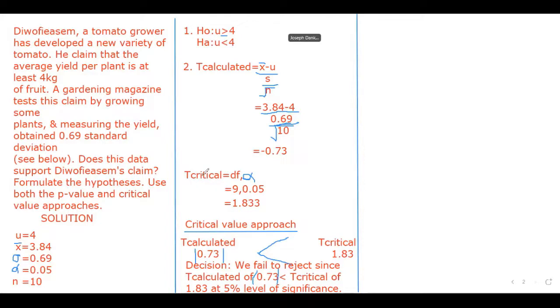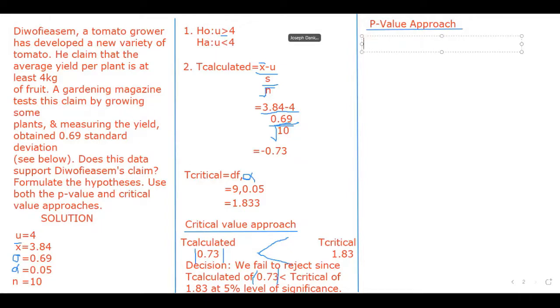Okay, so we are moving on to the p-value approach. With the p-value approach, by now I know you know how to solve the p-value. P-value is the probability of what? The test statistic.